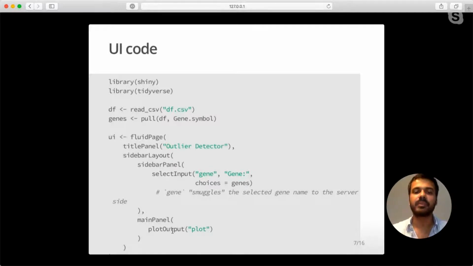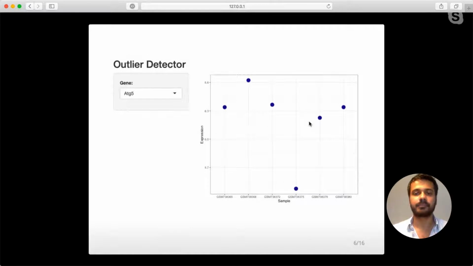It's within this function called plotOutput, which is also within this function called mainPanel. So all this is saying is the application now takes this object called plot, which is the result of what the server did, that is, running the ggplot code, and then plots that object using this plotOutput function, and puts that plot in the main panel. So we get this.